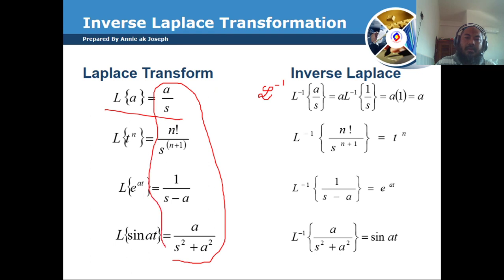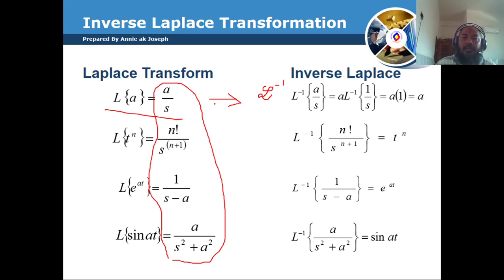All right, and then from here, if we want to get back the original function, let's say we have the equation of the Laplace and we would like to find the original function, we can use the inverse Laplace, something like this.